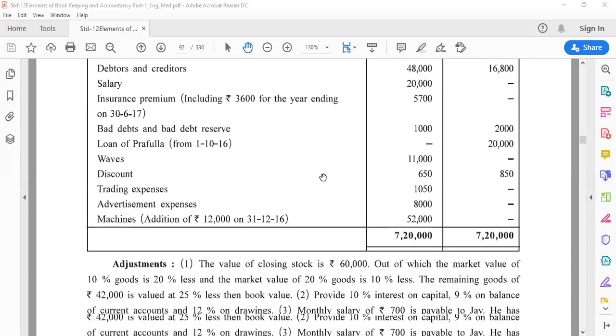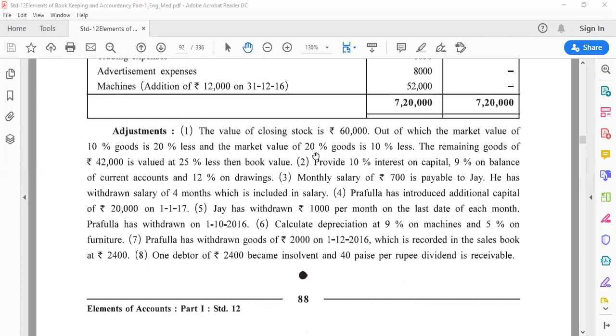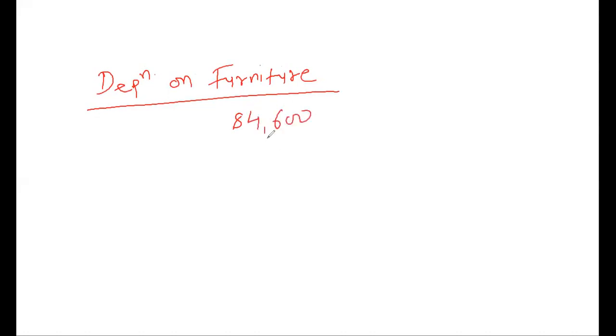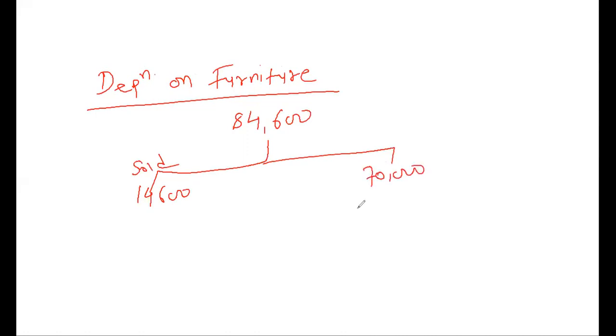And it is rate on 5%. So next working is about depreciation on furniture. Total furniture is 84,600. 14,600 is sold and rest in our books of account, in our business.